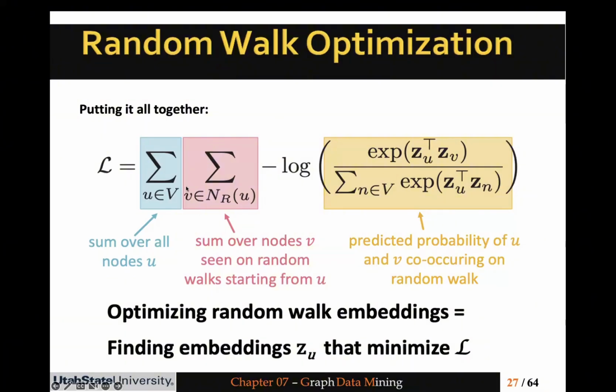All right, the second term is the sum over all the nodes seen on a random walk starting from node u. Now I have a fixed u, and I will consider only the nodes that I met during the random walks I performed during the second step of my DeepWalk algorithm, and only in this N_R multiset, which is the random walk neighbors using a strategy R, which is just a random strategy.